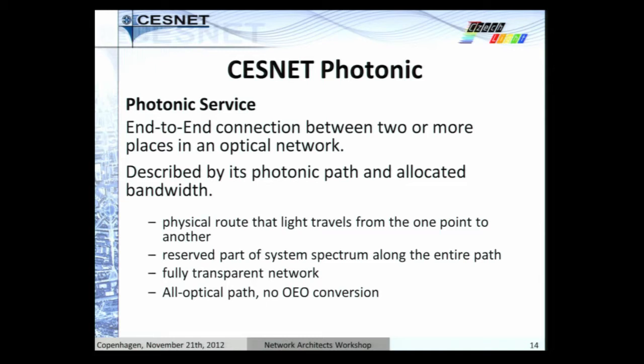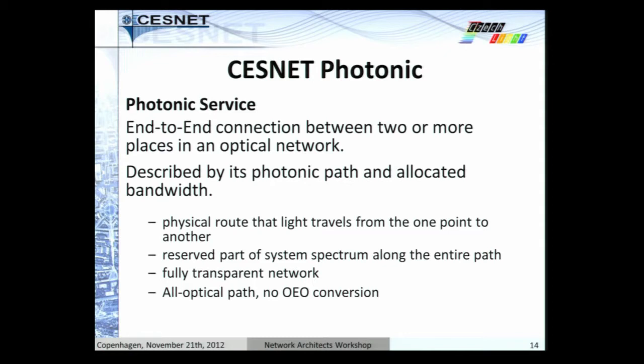It's an end-to-end connection between 2 or more places in an optical network. It's described only by its photonic path and allocated bandwidth. It's a physical route that light travels from one point in the network to another, and there is no OEO conversion along the path.